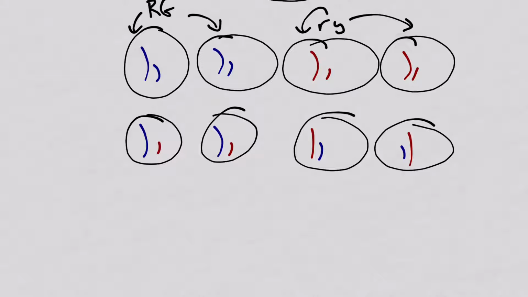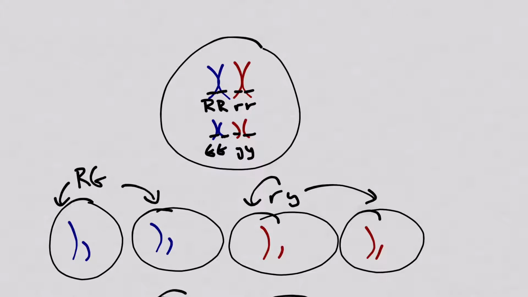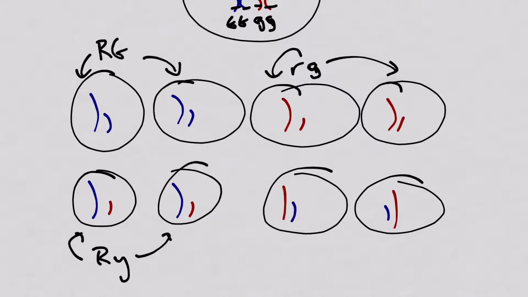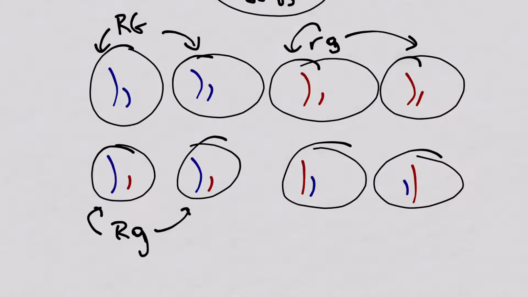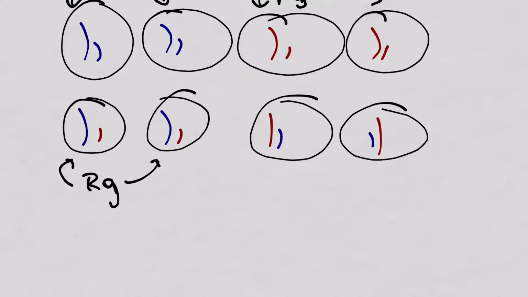Or we can have the big R gene paired with the little, sorry, this shouldn't be Y, this should be little g. Sorry, that's confusing. Little g is yellow. Or we can have the little r gene paired with the big G.